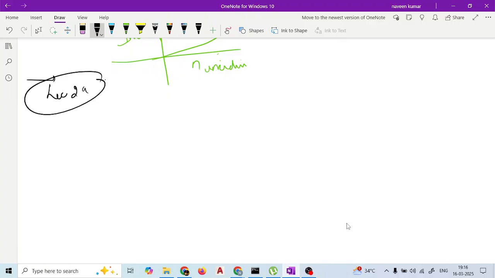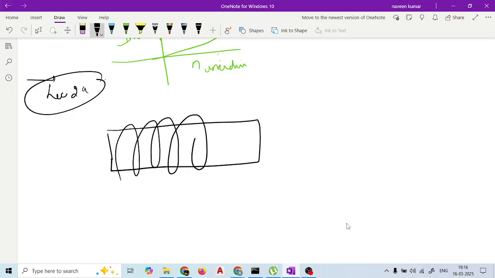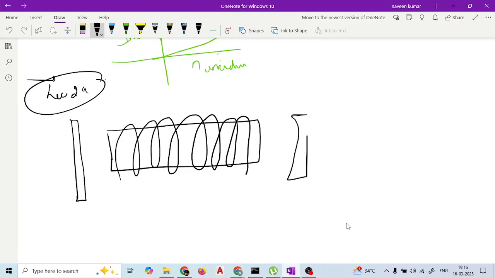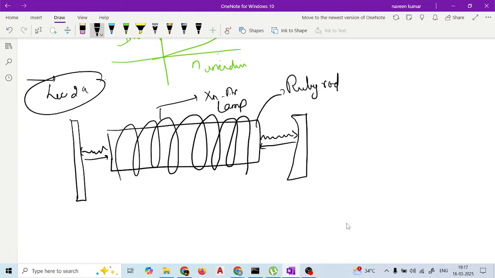So first let me draw this. Al2O3, Cr3+, that's chromium, and a partially reflective mirror.